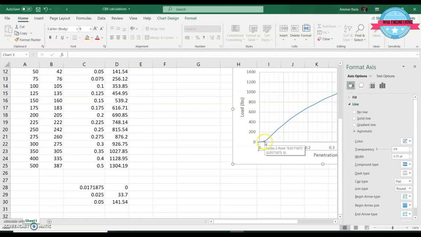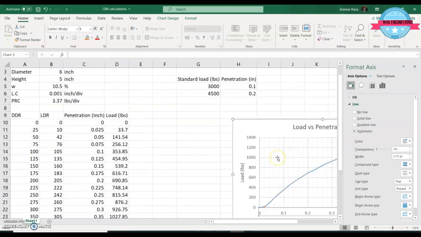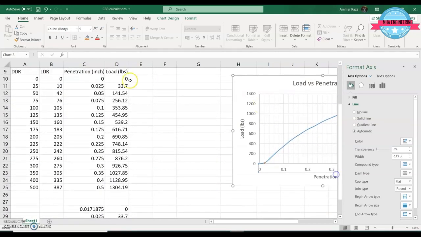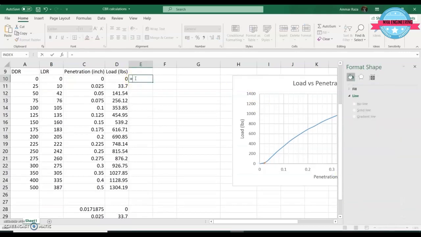And from here, we have to find the values of the load corresponding to 0.1 inch penetration and 0.2 inch penetration. So how you can readjust your graph is that you'd have to draw another column over here equal to, okay, this will be 0, and then the next ones will be equal to this minus this, and just put a dollar sign over here so that the value doesn't change when you drag it down.